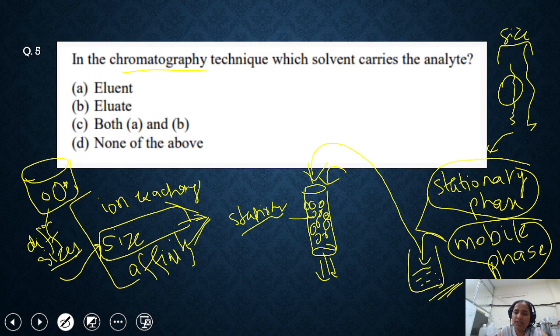Okay, so this is the mobile phase that needs to be passed through the stationary phase, and finally you will collect your sample here. The sample that gets collected here is called the eluate. But the solvent through which your analyte is passed is called the eluent.